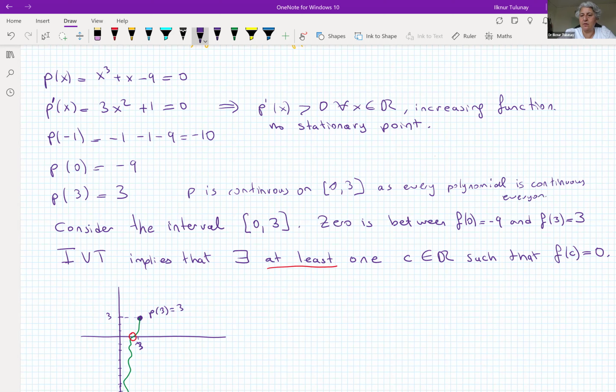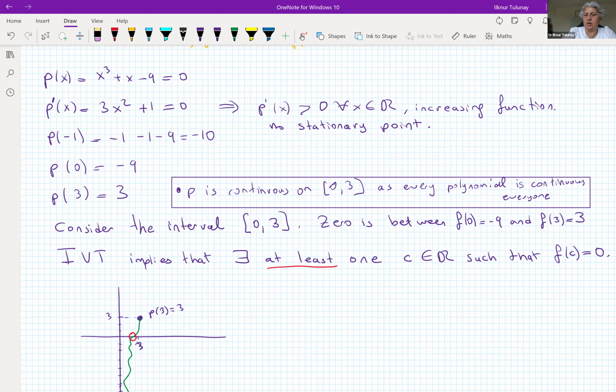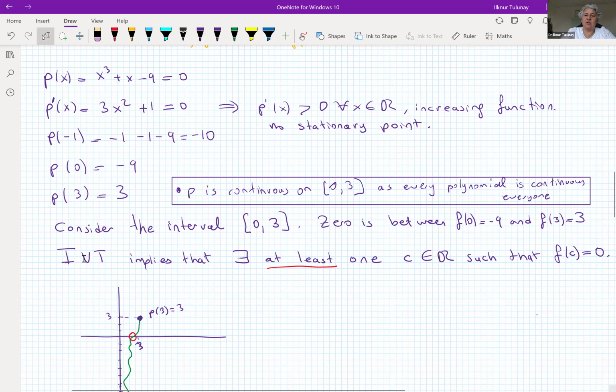I missed that one. Yes, this is an important part, and you need to say it before. Since this assumption has been satisfied, then we can use the intermediate value theorem.